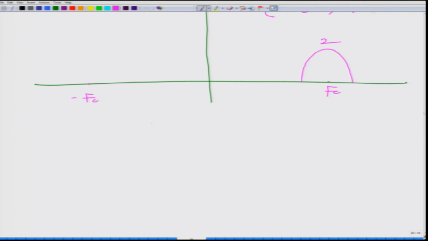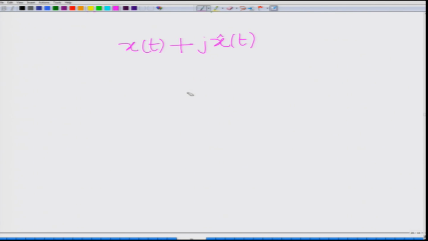So, this x t plus j x hat of t basically has the spectrum twice X f for f greater than 0, and 0 for f less than 0.